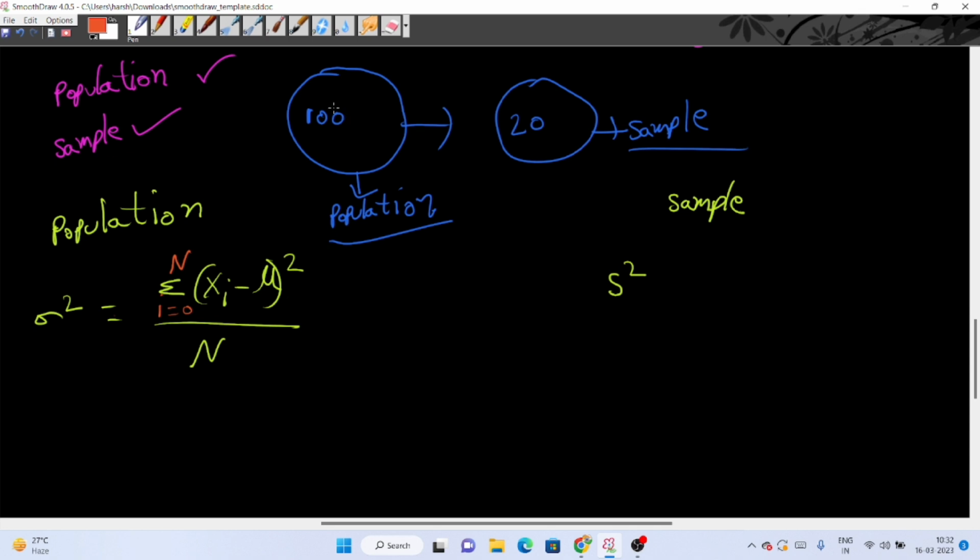For example, from this example, we can consider this as N, the total number of data available. Xi is each particular data point out of those 100, and mu is nothing but the mean of the population.